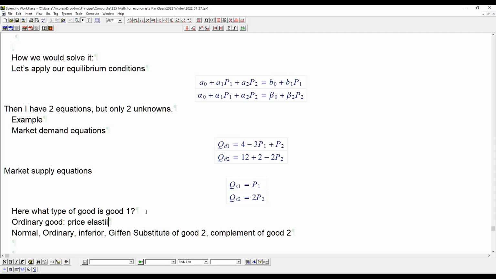Because as P1 increases, yes, okay, good, exactly. Demand is negative. So yes, we have -3 here.